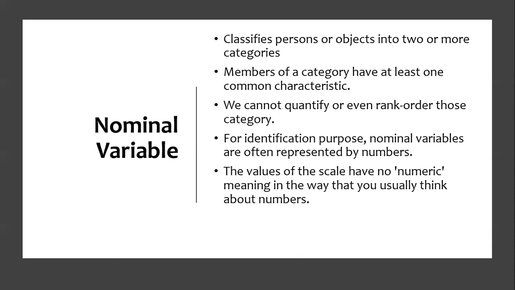But sex is one example of a variable that is at a nominal level. It can't be quantified, it can't be ranked, but we can use it for identification. So we know that in a sample or in a data set, we have male or female. So we can use it for disaggregation. We can use it to put them in different categories. Excellent.